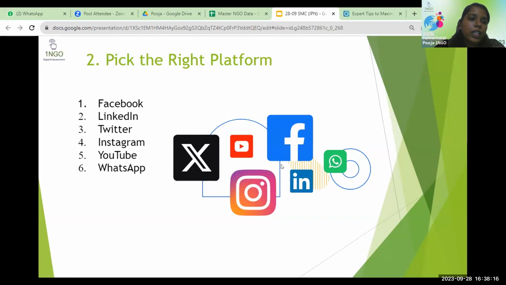And coming to the LinkedIn platform, it is primarily for professionals seeking networking opportunities, right? What kind of content should you be using on LinkedIn? For example, you can use case studies about your organization, or about the best practices that your organization adopts and follows.